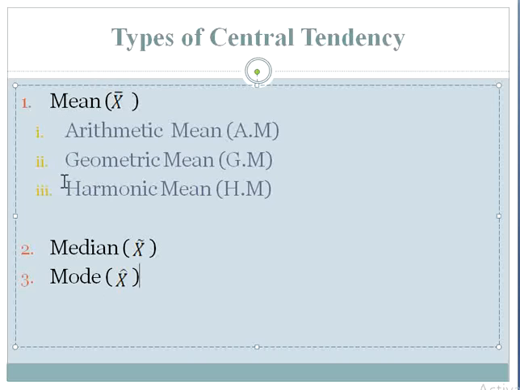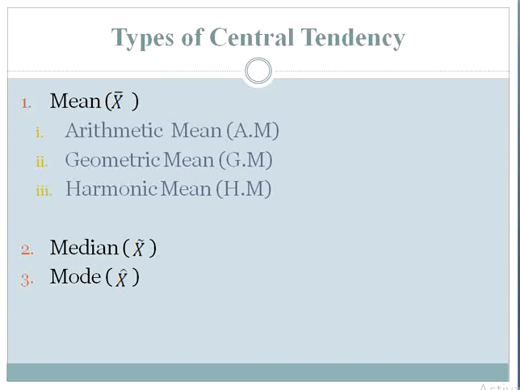So you can say three types and further three types of mean, or you can say directly five types because mean and arithmetic mean are the same thing. These are the major types of central tendency which we will learn in this chapter. We will learn how to calculate mean, median, and mode in our further lectures.